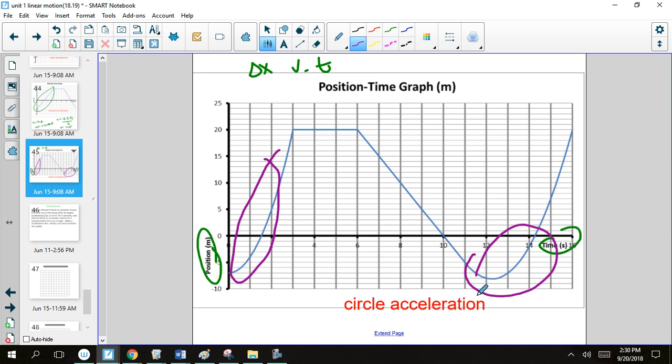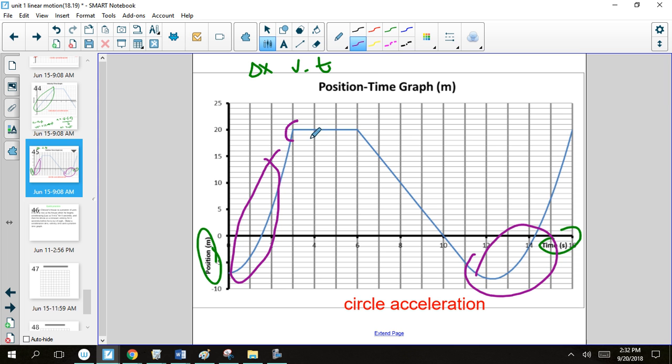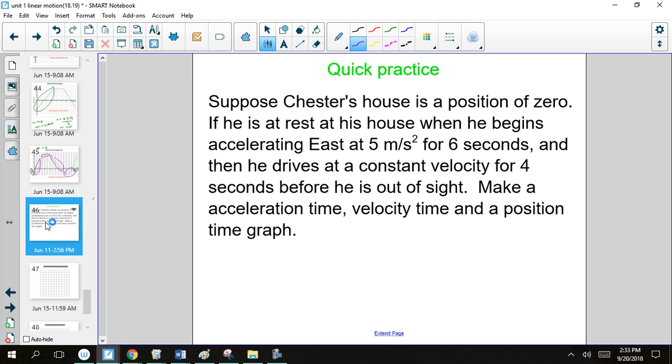The curve indicates that we have an exponential change in our position. And these parts, whether it's flat or if we have a straight slope, we have no acceleration because we have a constant velocity.